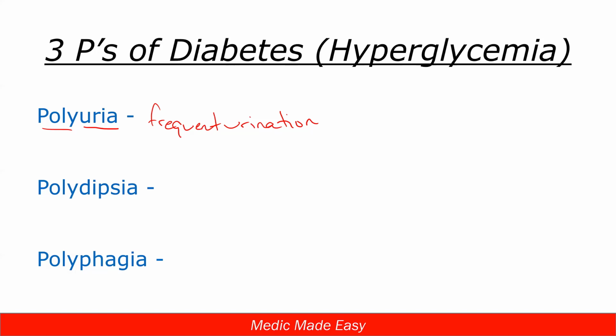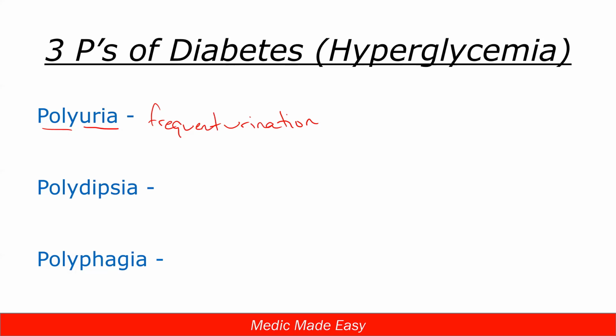Can you get rid of it? And the kidneys, filtering out that bloodstream, can start to filter out some of that extra sugar. So we start peeing a lot to get rid of some of that extra sugar in the system. Our body is saying, we've already stored enough in the liver, we can't put any more in the liver, so we've got to get rid of it from the body.